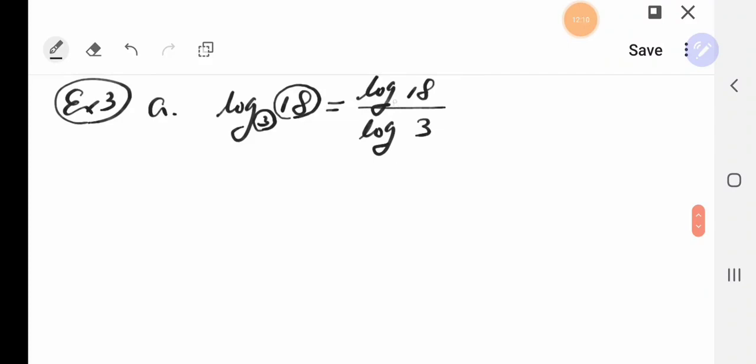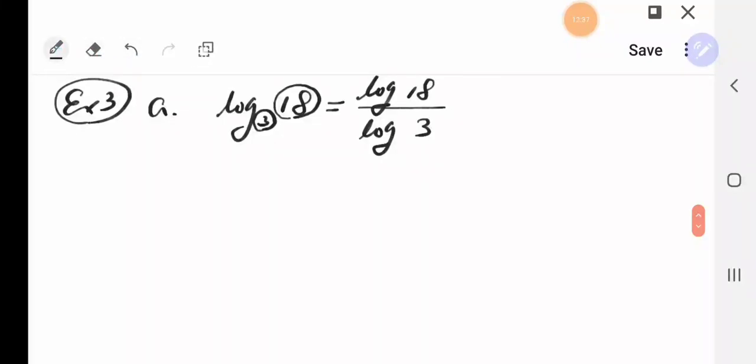Usually if you don't put it, the base is equal to 10. Or you can use different ones. Using a calculator, you can find the logarithm base 10 of 18 and log of 3. Then the value will be something. So you can leave it like this.